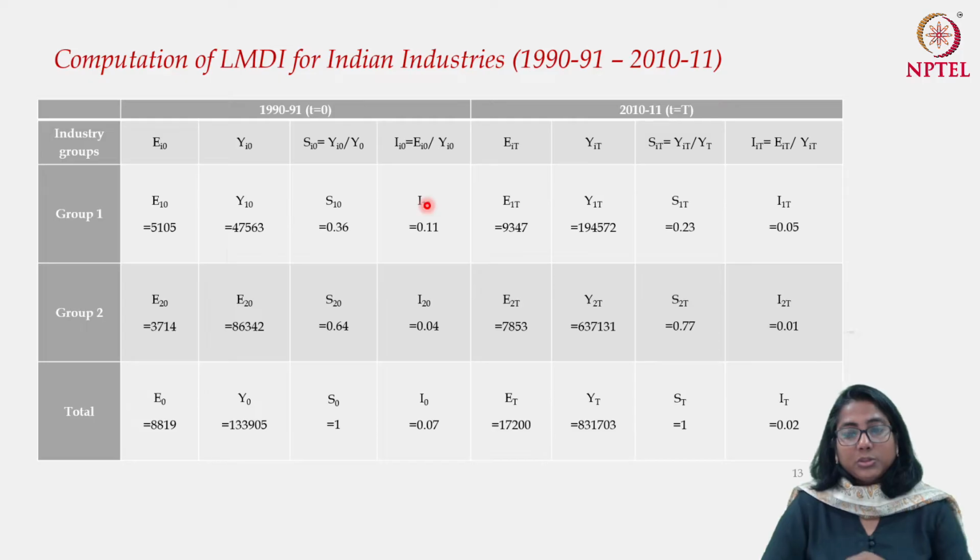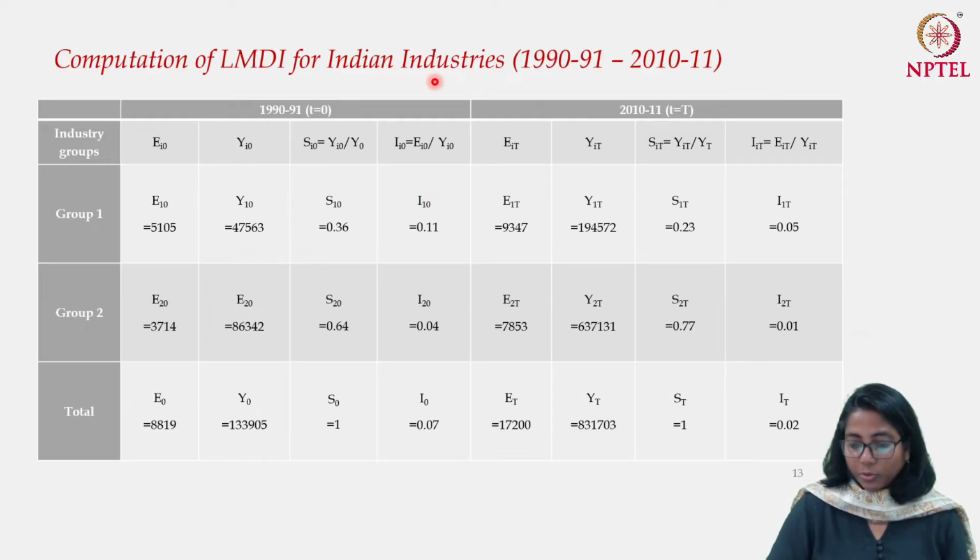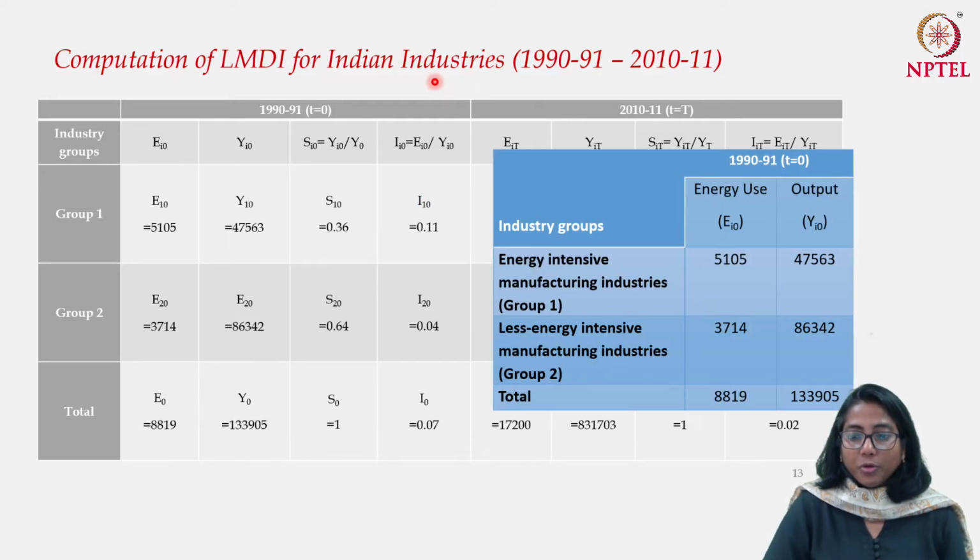We come to this particular table after doing all the calculations. For 1990-91, you have one column. This tells you the total energy consumption of group 1, group 2 and total, the output of group 1, group 2 and total, the structure, and the energy intensity. So how do we make the calculation? Look at this number.